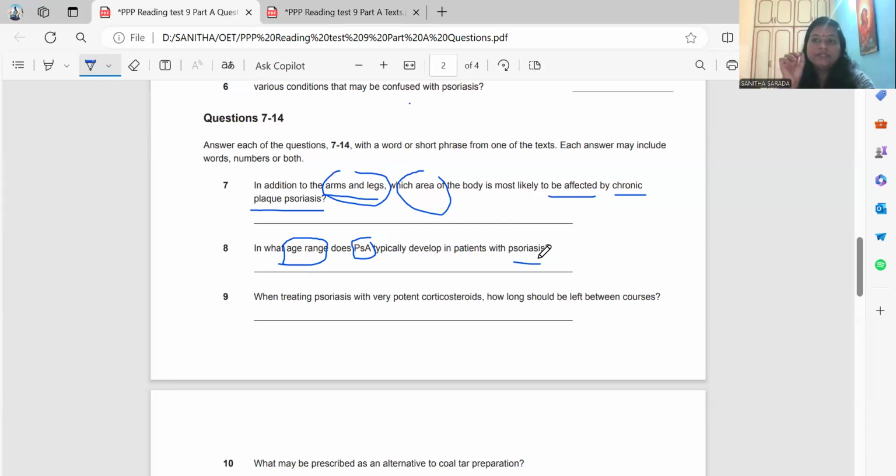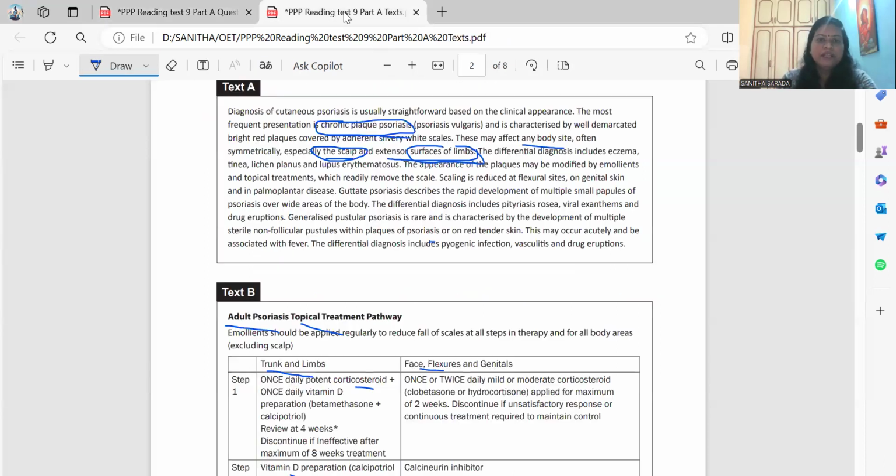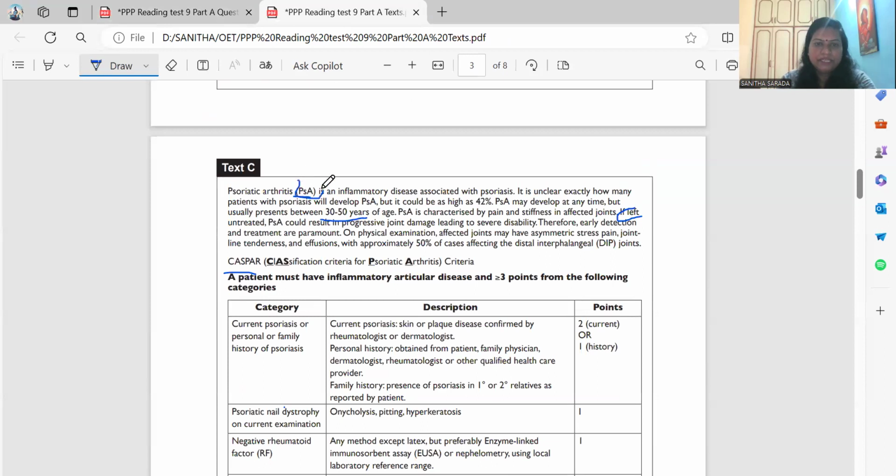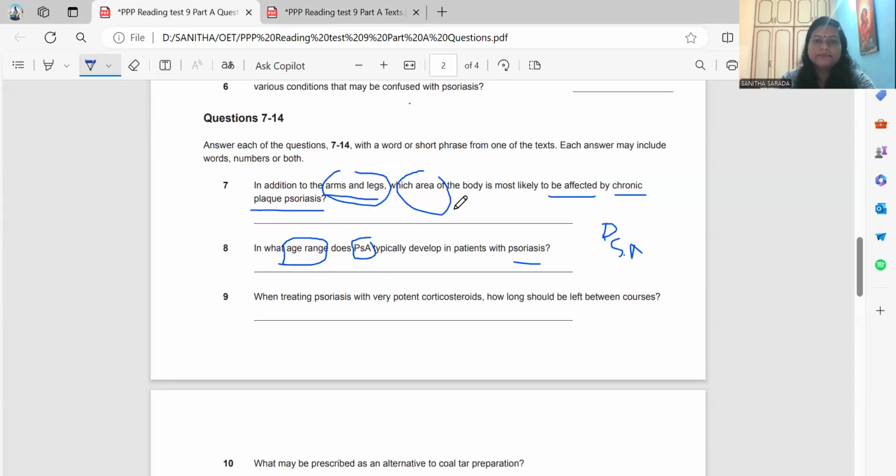We have to check where PsA is given. Definitely some age is given there, so you will get the answer. Where do we get PsA? We got it here.